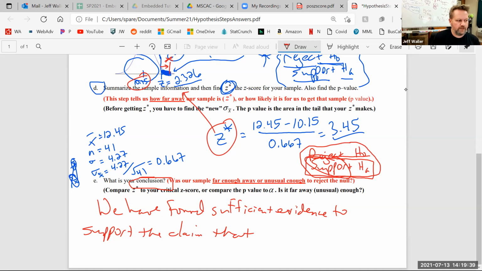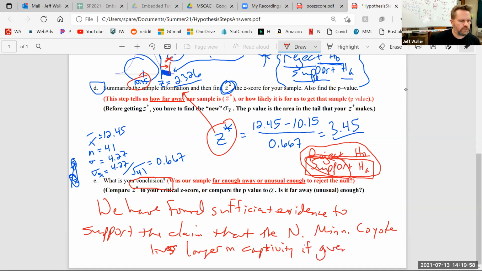We have found sufficient evidence to support the claim that the northern Minnesota coyote lives longer in captivity if given more room. What should this say to a zoo or a sanctuary that has northern Minnesota coyotes?